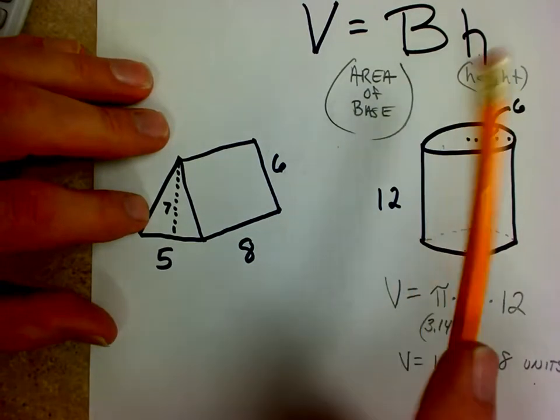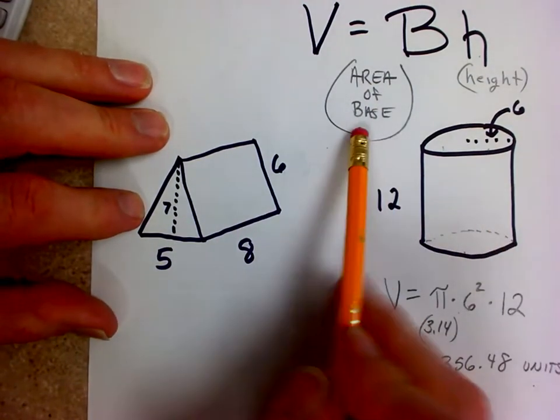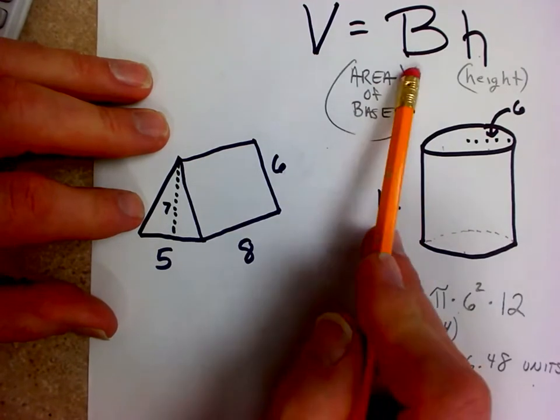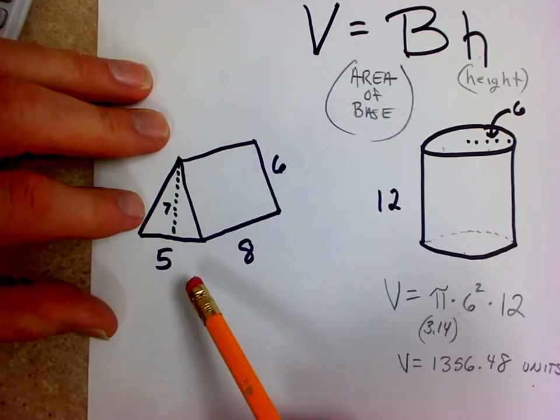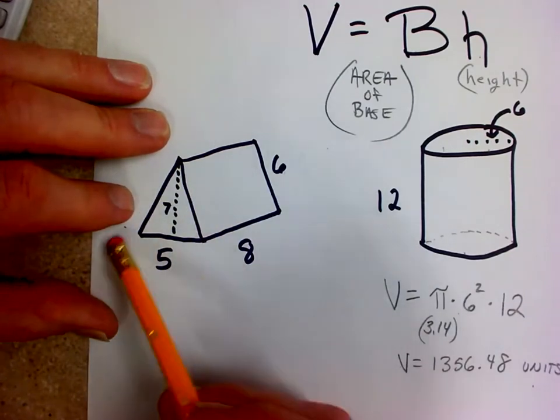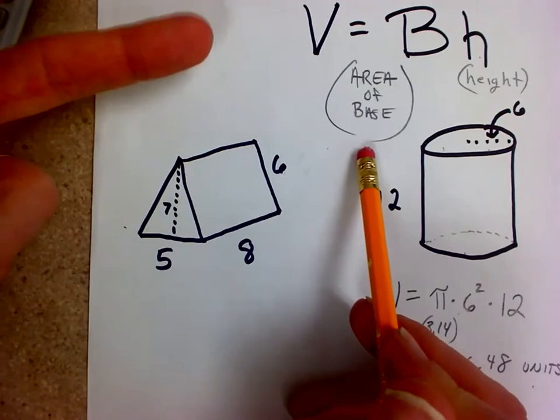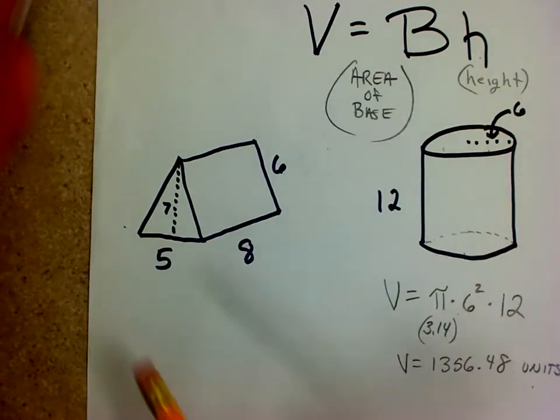Same idea. Calculate the volume of our tent. How much space do we have inside this tent? We want to find the area of the base. The base is not defined as the bottom. The triangle is the base. Bases, there has to be two of them, and they have to be parallel to each other.